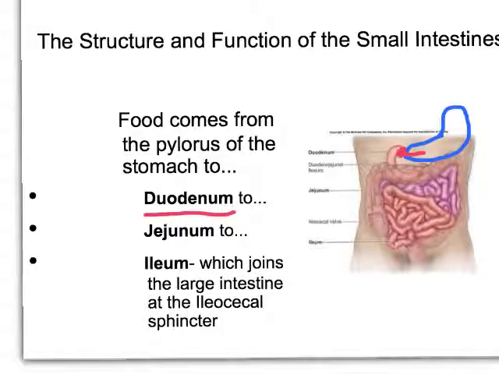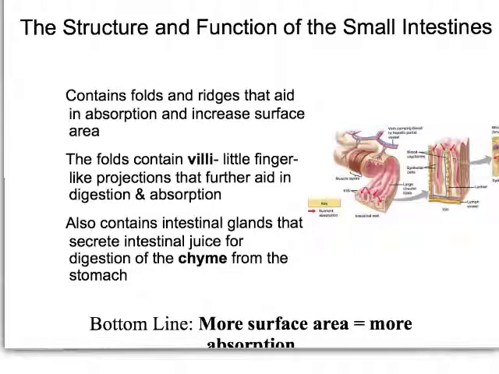Okay, that's the first part. And then we have the jejunum, which is the purpley second part. And last but not least is the ileum, which is all the rest of it, which is going to join up with the large intestines at the ileocecal sphincter. So that was the basic structure of the small intestines.